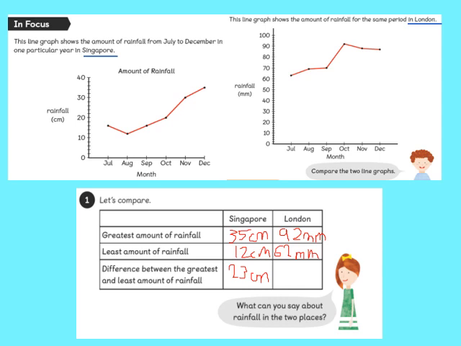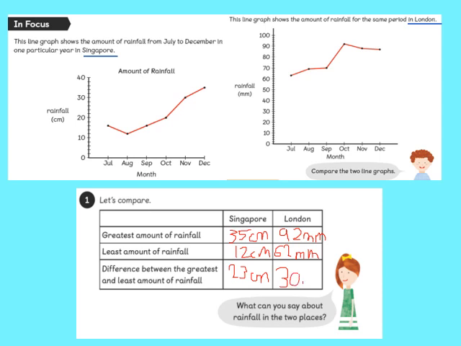And if we do the same for London, we need to find the difference between the greatest amount, which is 92 millimetres, and the least amount, which is 62 millimetres. And we can do the calculation 92 take away 62, which will give us 30 millimetres.